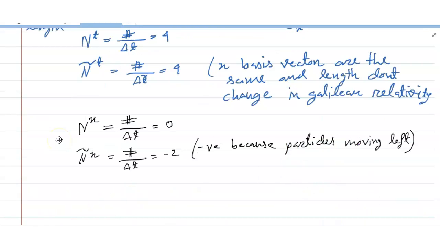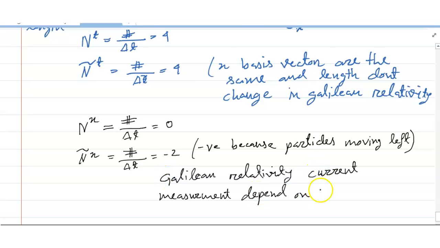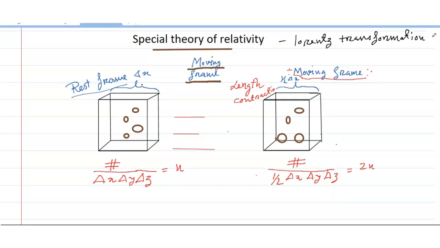So in Galilean relativity, current measurement depends on the reference frame. Now friends, we discuss the special theory of relativity, which uses Lorentz transformations instead of Galilean transformations. We have to deal with length contractions.